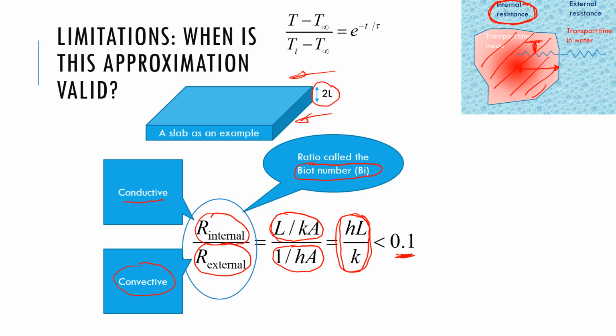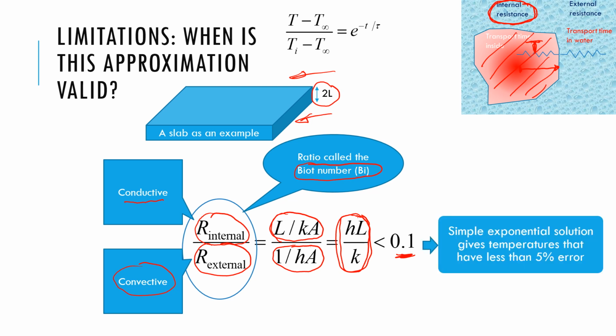If it is less than 0.1, it turns out this simple solution can give temperatures that have less than 5% error. So if this condition is satisfied, then the error is less than 5%. That's the limitation of using this lumped parameter method in case of heat transfer.